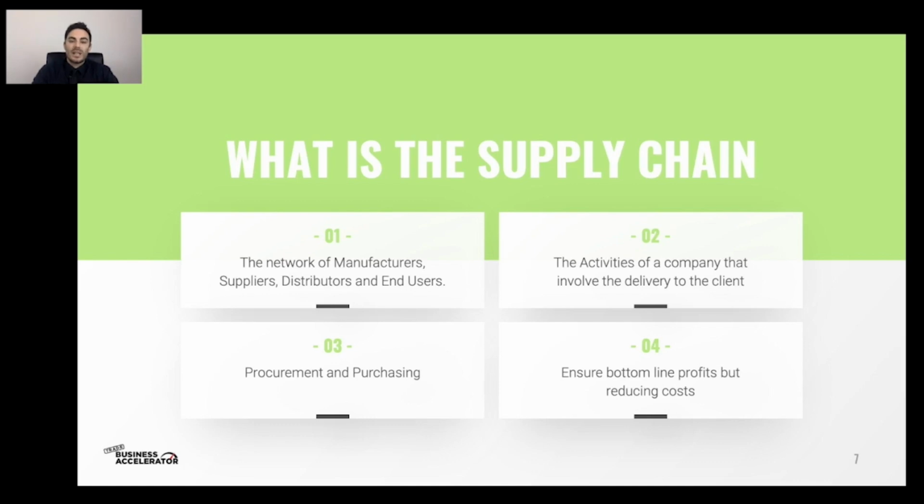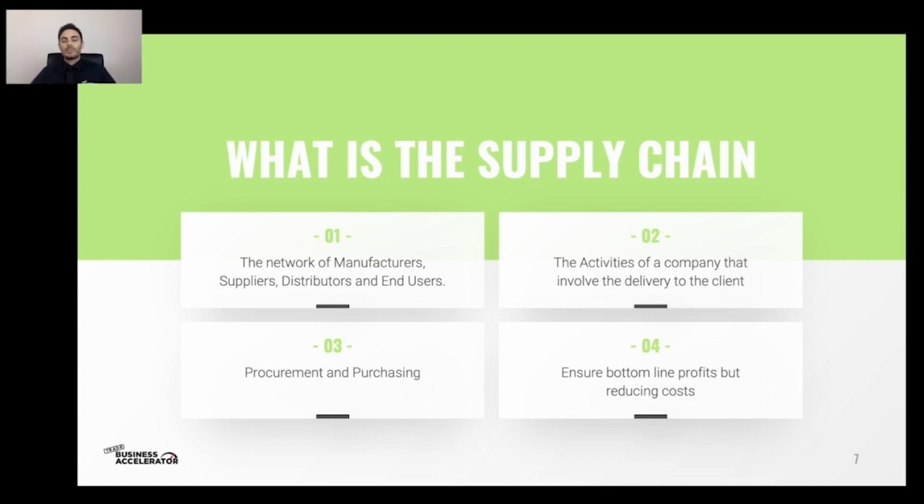Essentially, the supply chain is the network of manufacturers, suppliers, distributors, and end users. So this is the relationship of moving a product from raw materials stage all the way through to delivery to the consumer.